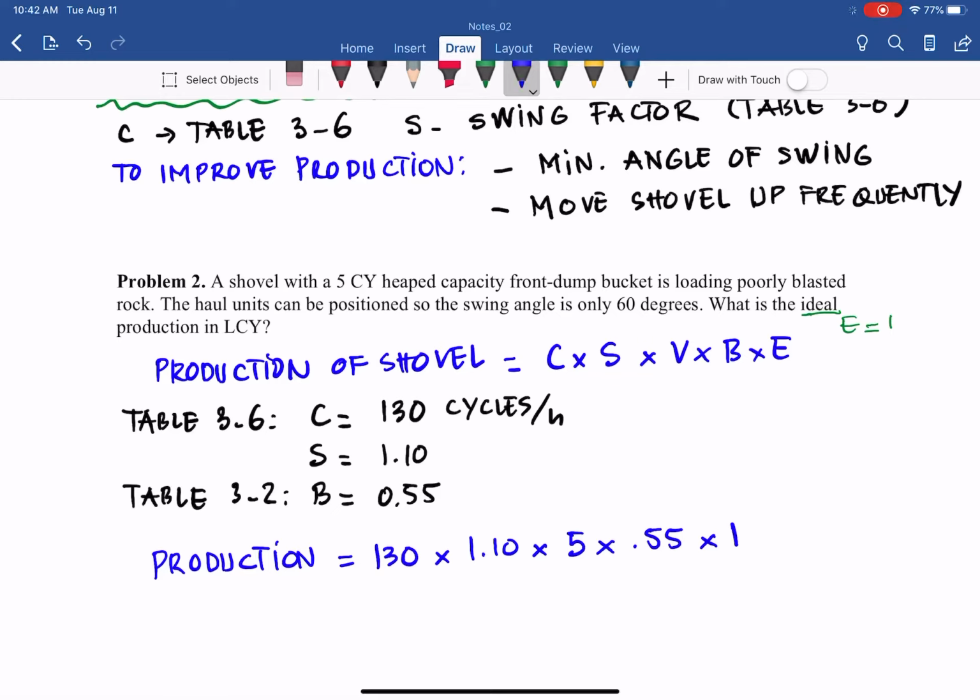With that, the answer is 393 LCY, loose cubic yards per hour.